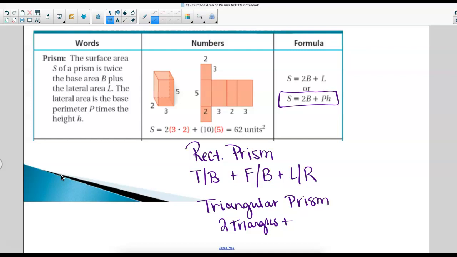How many rectangles? 3. Do they all have to be the same? No, not necessarily. So we have 2 triangles plus rectangle 1 plus rectangle 2 plus rectangle 3. And if we're finding surface area, we're just finding all of those pieces and putting them together. We're adding them all up.